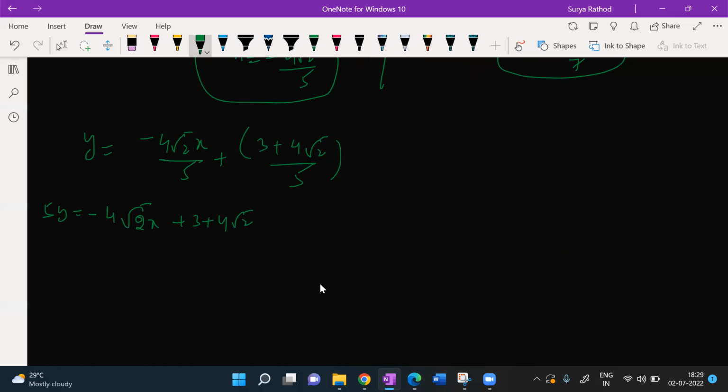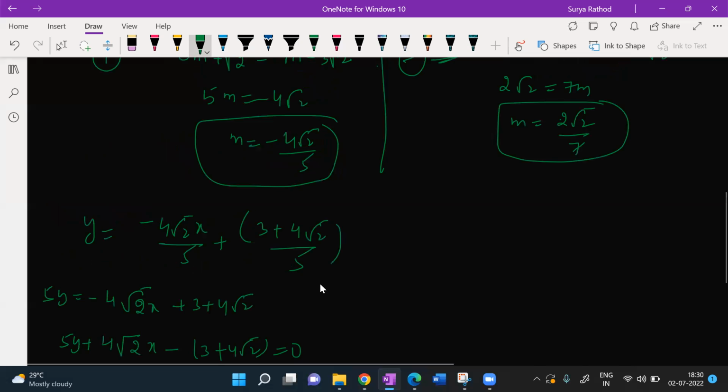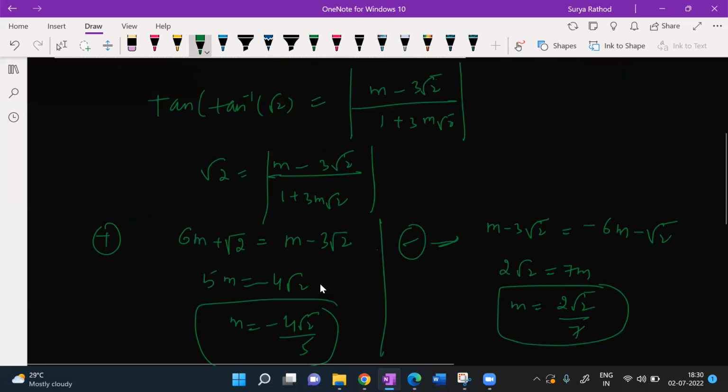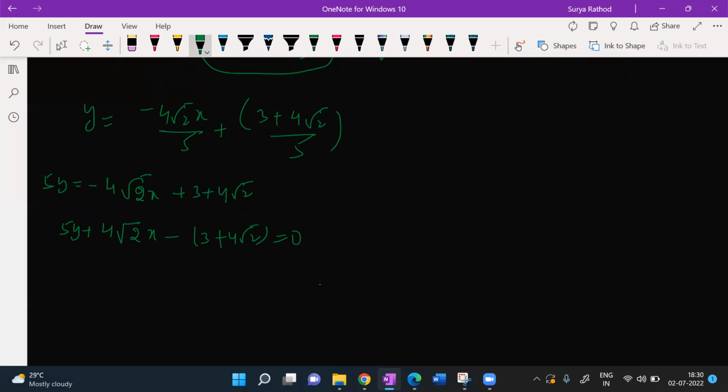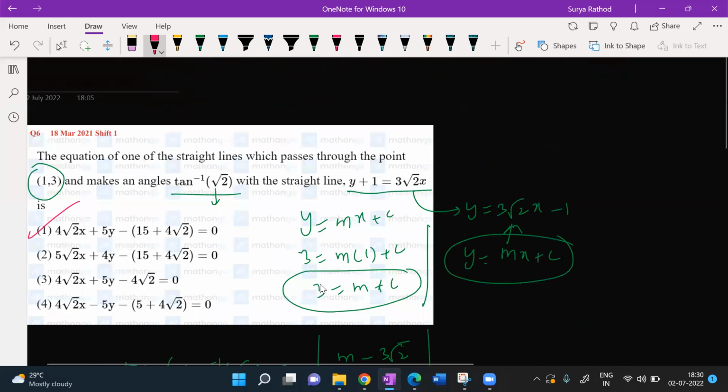So 5y plus 4 root 2 x minus (3 plus 4 root 2) is equal to 0. Okay, which option is correct? Option A is the only correct one. Option A is correct, guys.